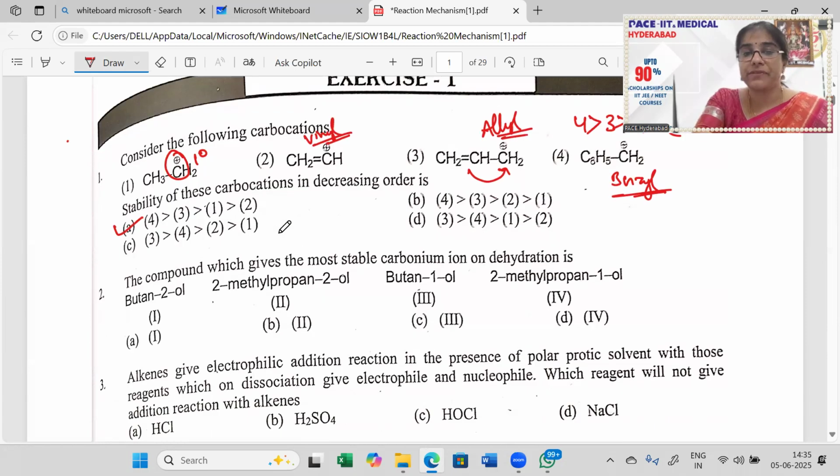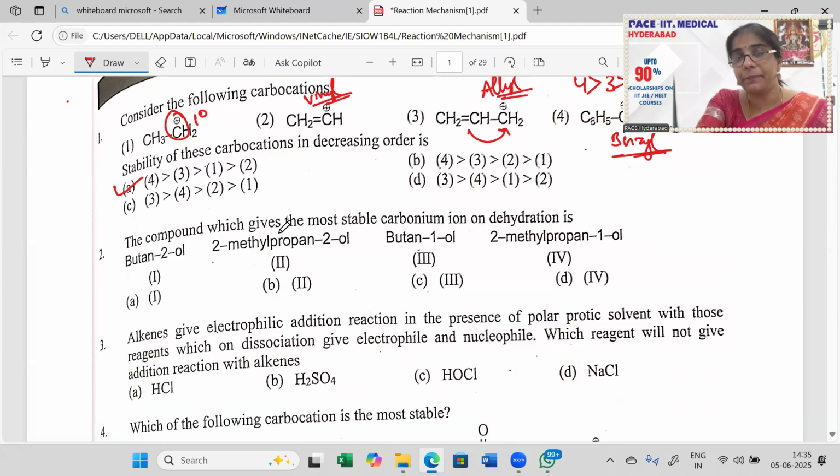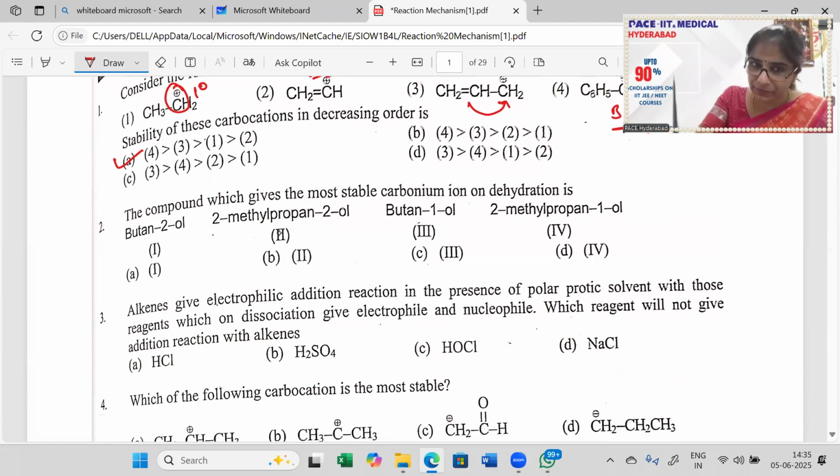Next, the compound which gives the most stable carbonium ion on dehydration. Whenever we talk about dehydration, we need to remove a water molecule. The water molecule gets removed when OH minus comes out along with H plus. First we need to consider the OH minus coming out.